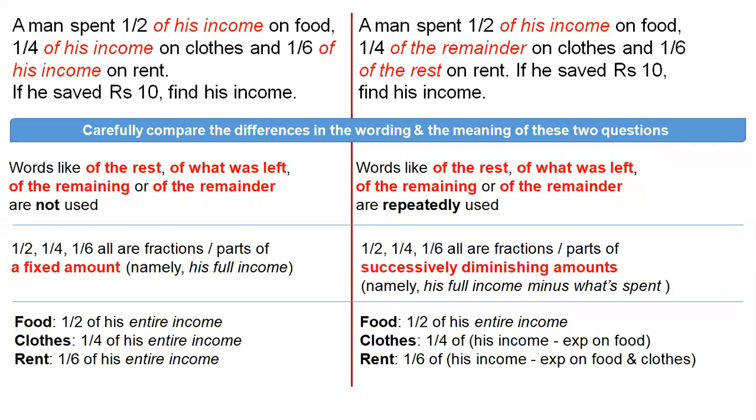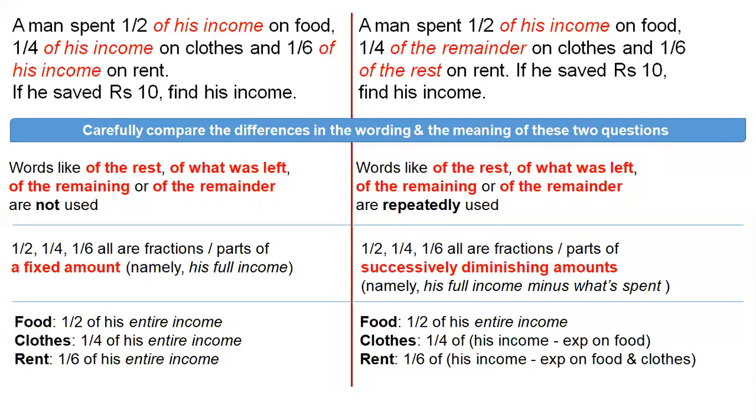On the left, in particular note, food is 1/2 of the entire income. Clothes is 1/4 of his entire income, the same amount. And rent is 1/6 of the same amount, his income. On the right side, food is 1/2 of his income. But on the right side, clothes is not 1/4 of his income.